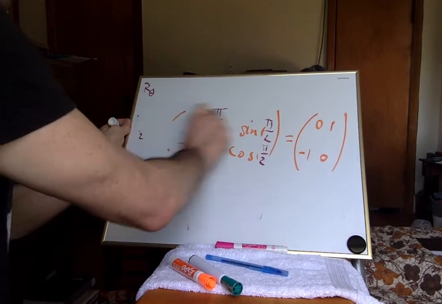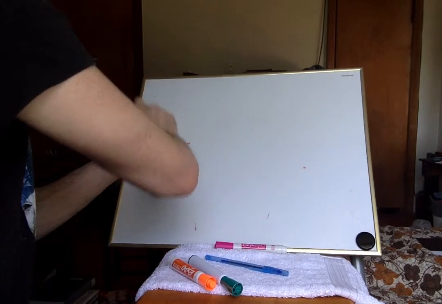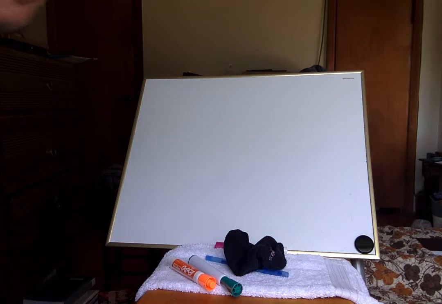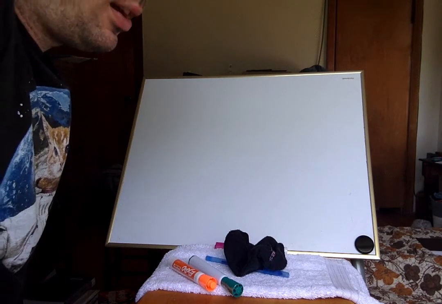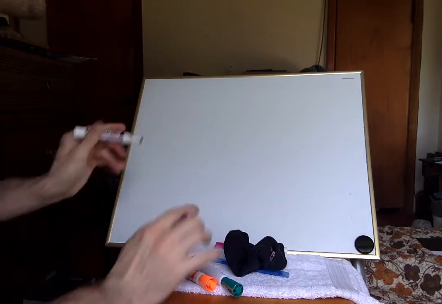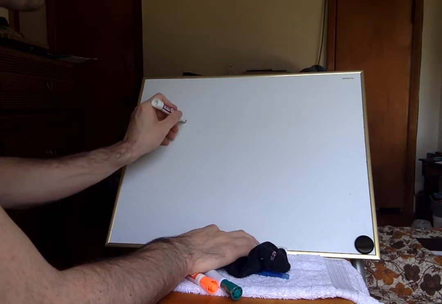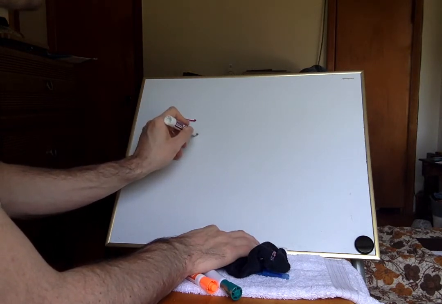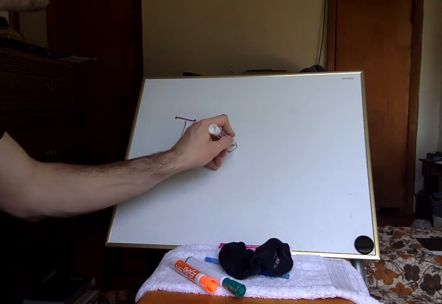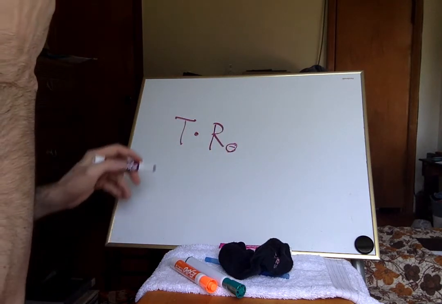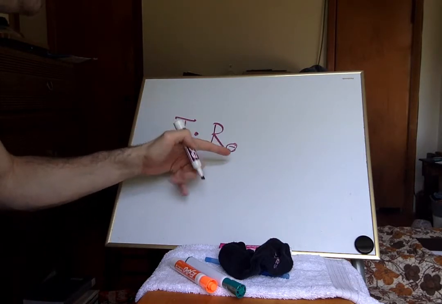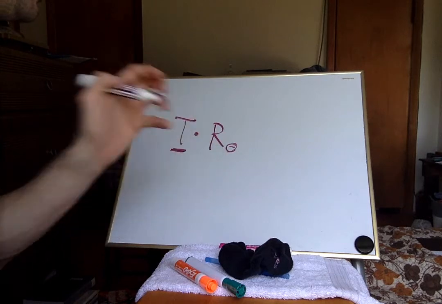Okay, so how does this work? Like, why is this useful, right? So earlier in this video, I said that geometric objects correspond to matrices, and if I have a matrix T and I multiply it by that matrix R theta, okay, this is going to take my matrix here, which corresponds to an object, and it's going to rotate the whole thing by theta.